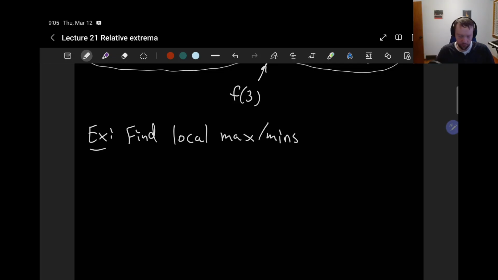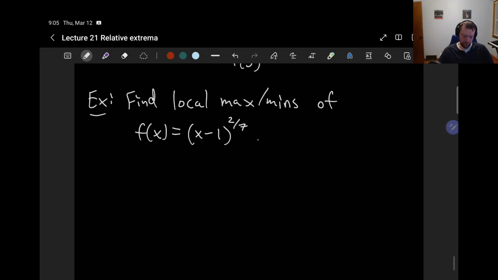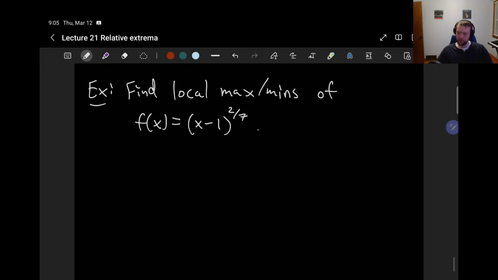Find the local maximums and minimums, all of them, of the function f of x equals (x minus 1) to the 2/7 power.